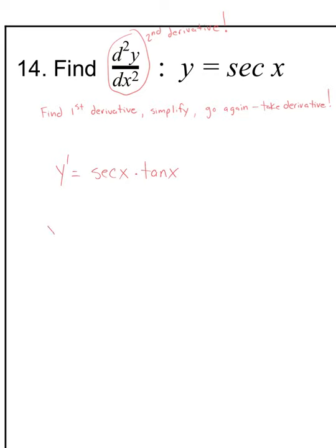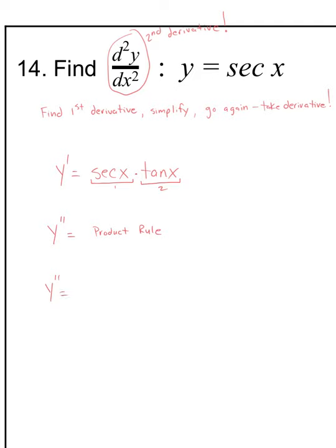Now to get to the second derivative, we need to take the derivative of this. There's nothing to simplify. That is going to be a product rule. All right, this is my first function, and I'm multiplying it by the second function. You see the letter x twice, two separate functions multiplied together. So for the second derivative, that is going to be the product rule. All right, so let's set it up.